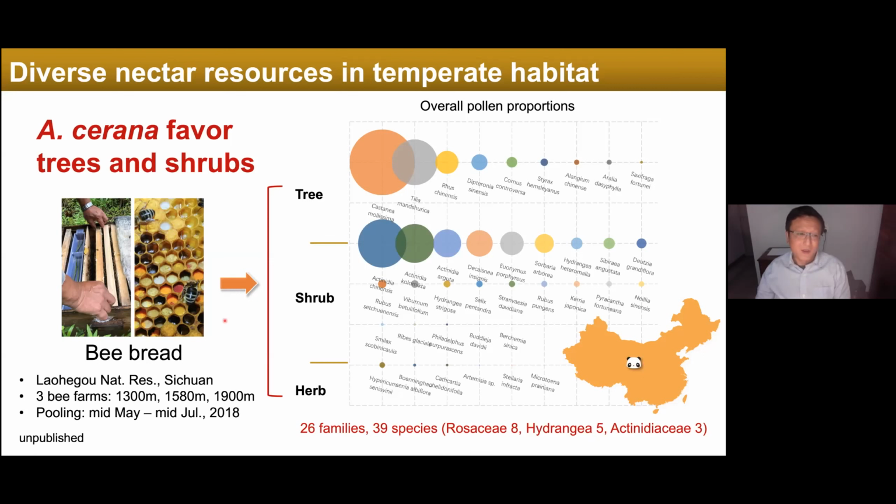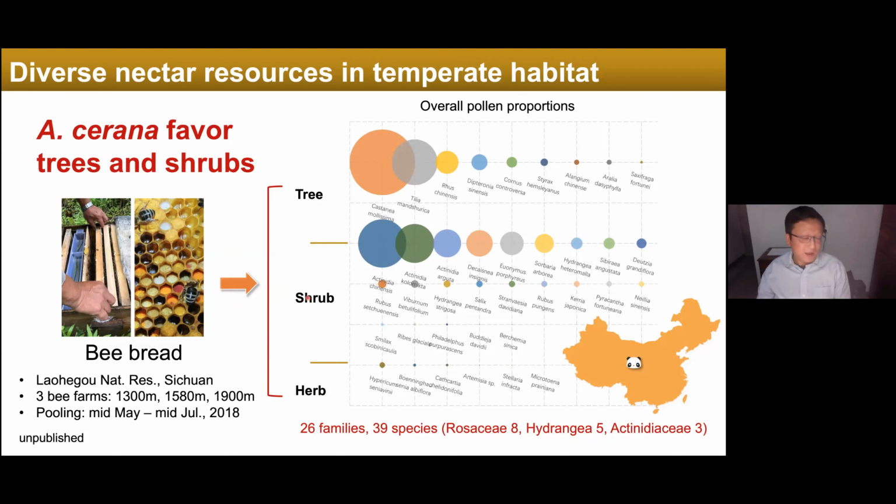And basically, we sequenced the honeybee bee bread and tried to understand what they have been collecting, right? So the results show that within 2 months, the colony has been collecting more than a few dozens of different flowers.